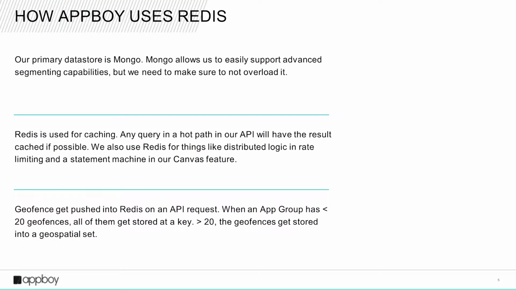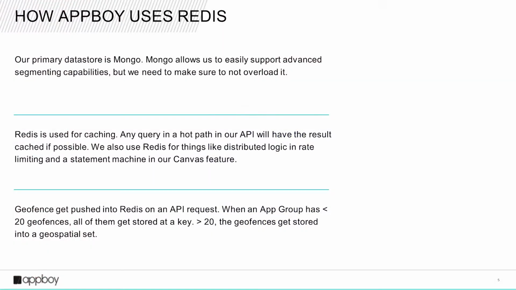So anything we can cache, like what are the rules for segment membership, who's in a segment, what are the campaigns a user's eligible for, we try to cache those in Redis whenever we can. We also use Redis for things like distributed logic and rate limiting. The CTO of our company, John Hyman, he gave a talk last year about that.